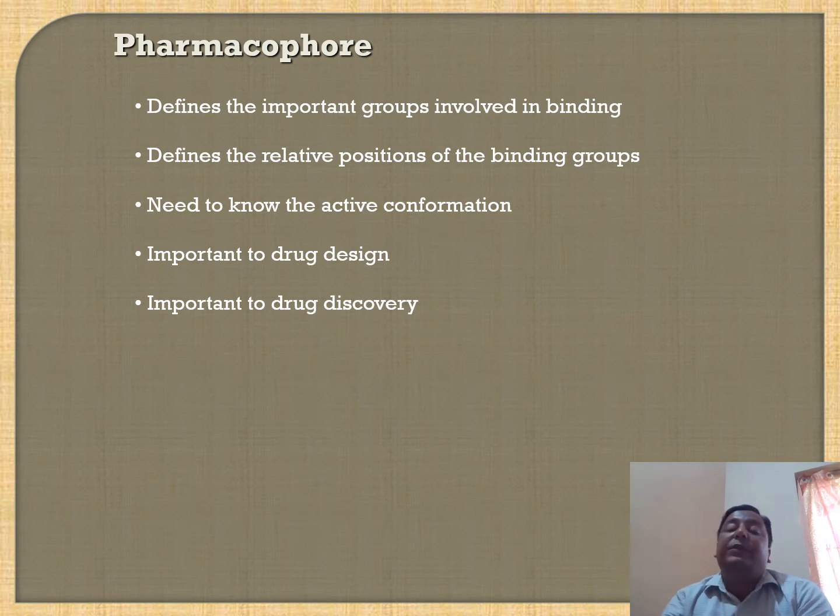So the pharmacophore features are: number of hydrogen bond donor atoms, number of hydrogen bond acceptor atoms, number of acidic atoms, number of basic atoms, number of hydrophobic atoms, number of ring atoms, number of positive charge atoms, number of negative charge atoms, number of polar atoms, number of non-polar atoms, and so on.